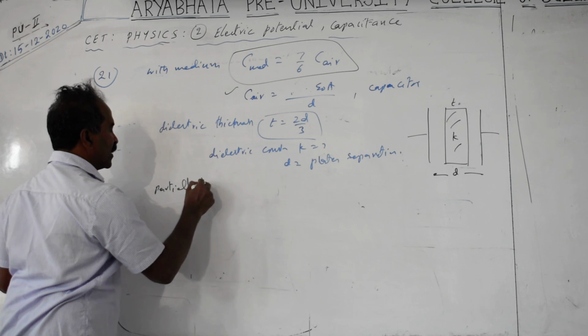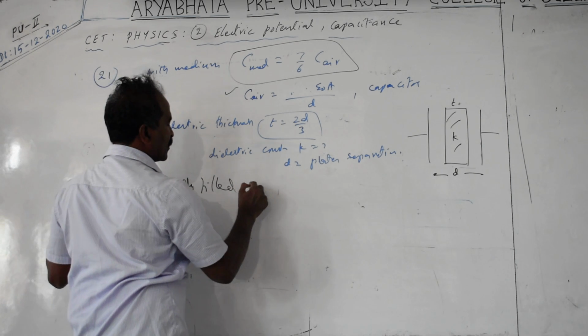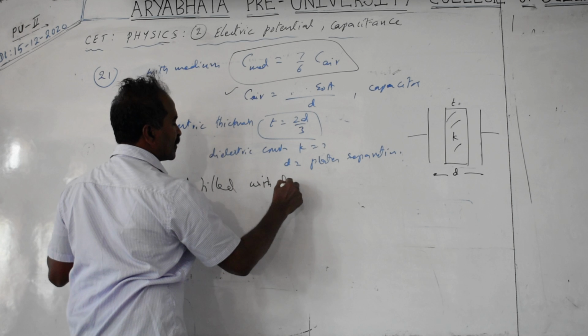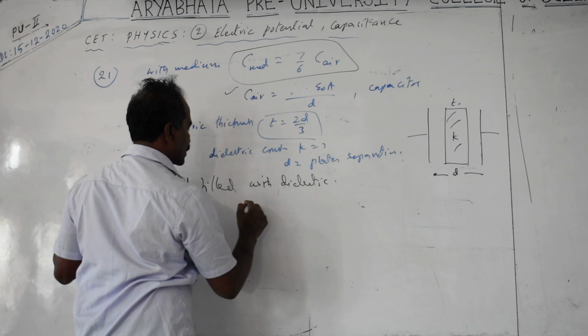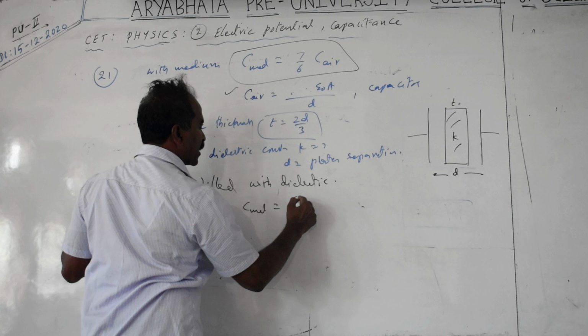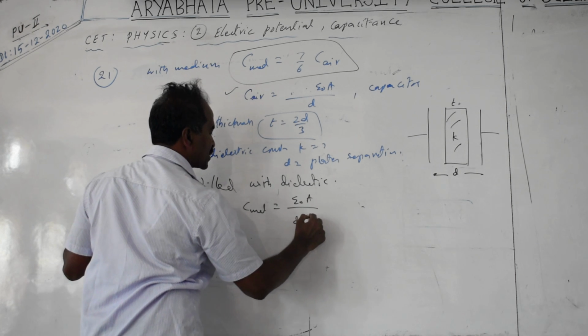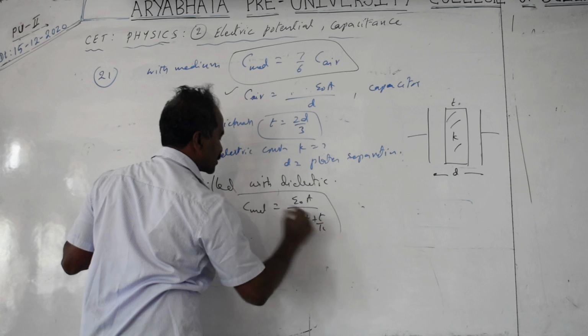Partially filled with the dielectric, C medium equals epsilon naught A by D minus T plus T by K is the relation.